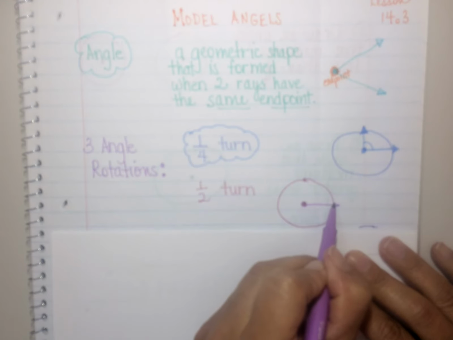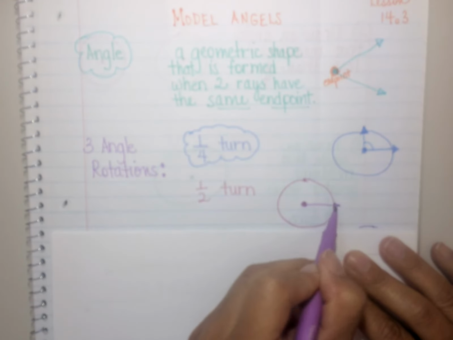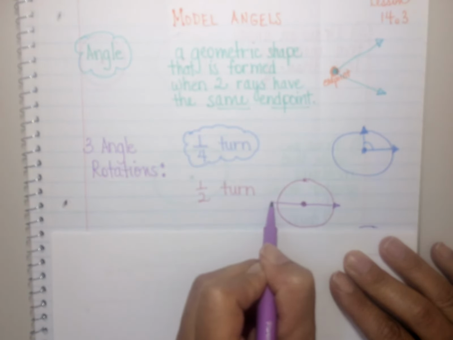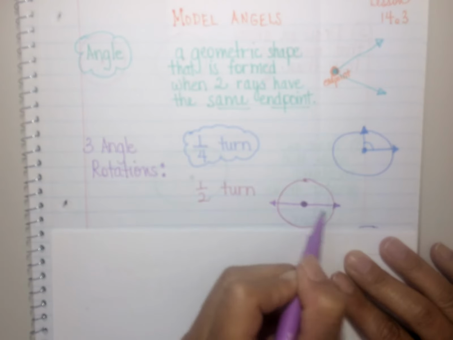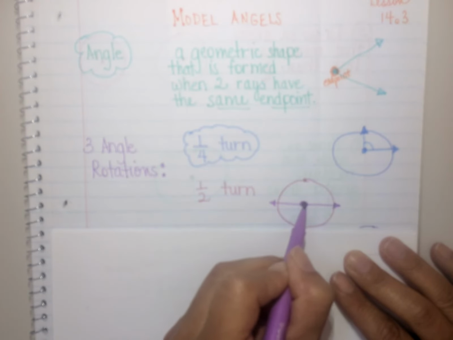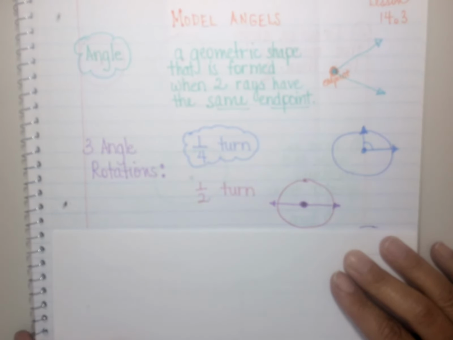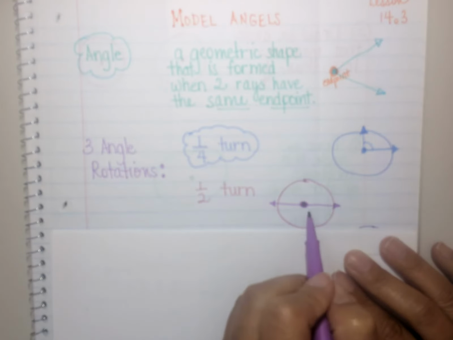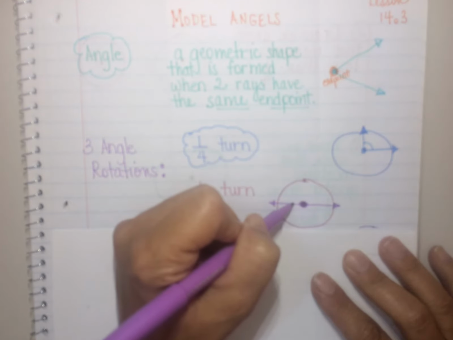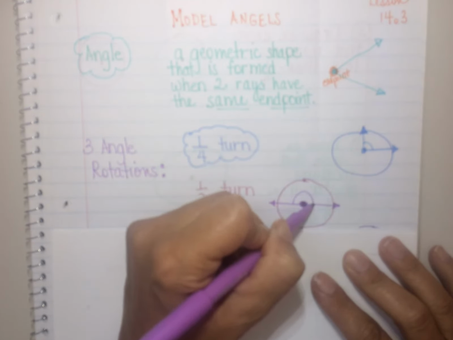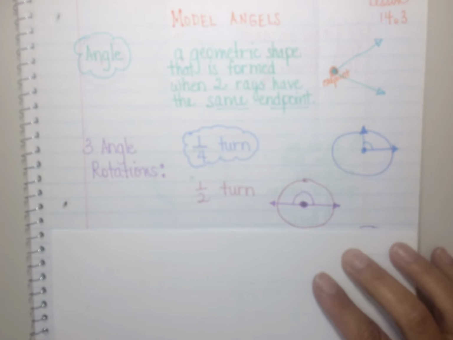It's like half would be half a circle. So this end point and going out that line with the same end point, which makes it be a ray actually. That's a 1/2 turn, and look at the way we measure it. Look at the way we show that we have an angle. That's 1/2 of a turn.